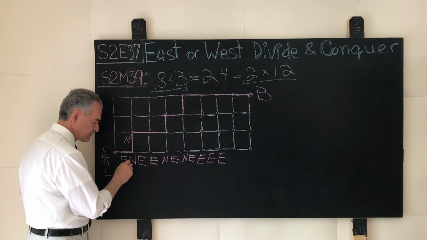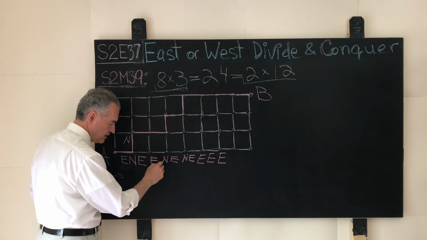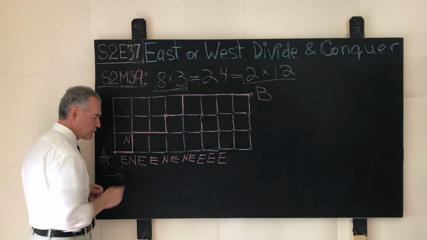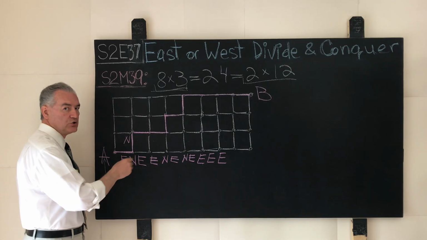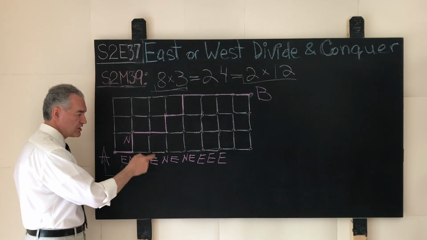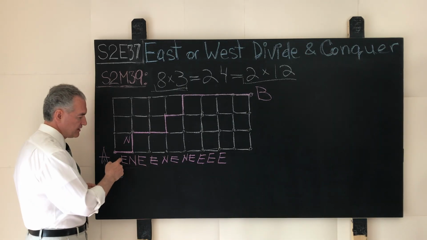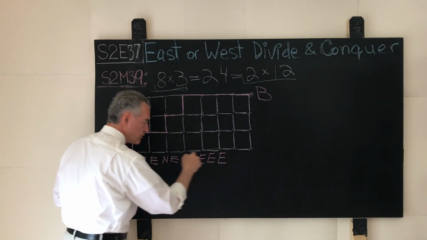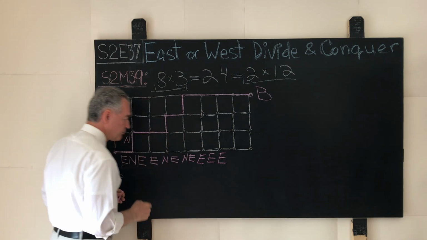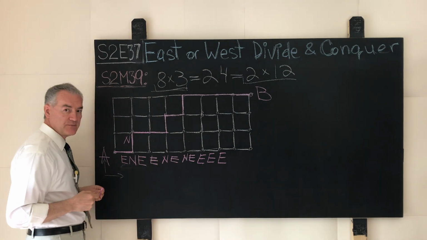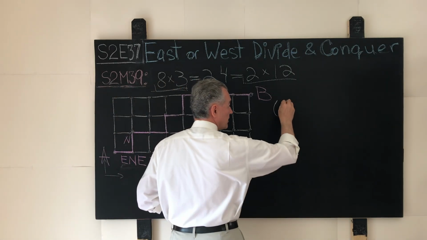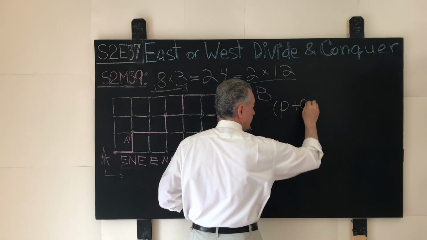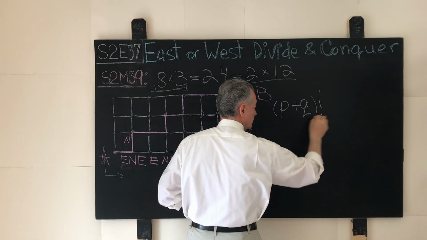We number those letters E1, E2, E3, and so on. And what is the total number of unique or distinct linear permutations of, in this case, P and Q different items? Well, that number is given by, we know that, P plus Q factorial.